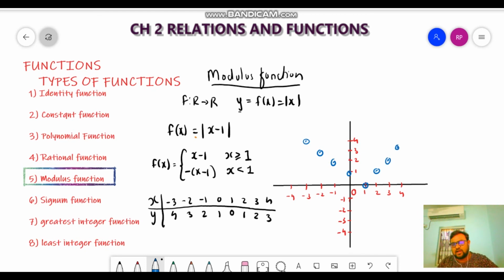So see how I got a V shape. Remember that the modulus function will have a graph of V shape. Just a minute, I'll draw it here.